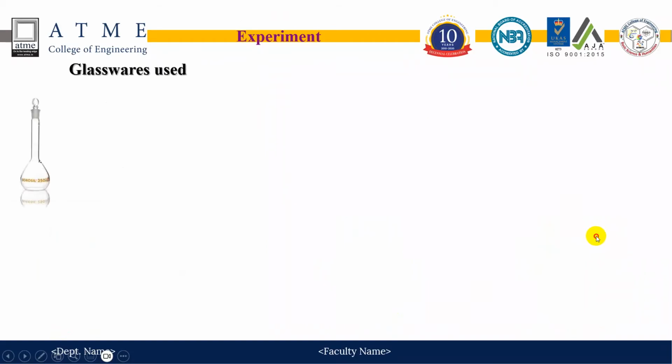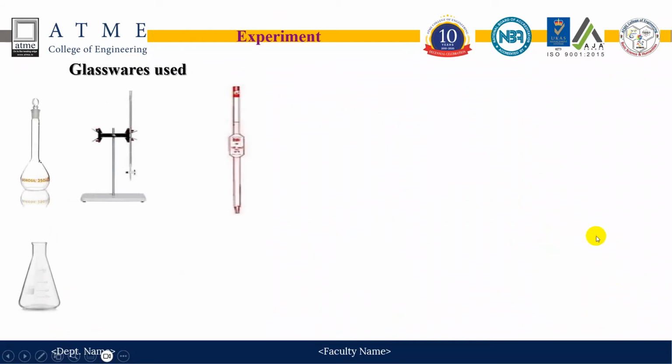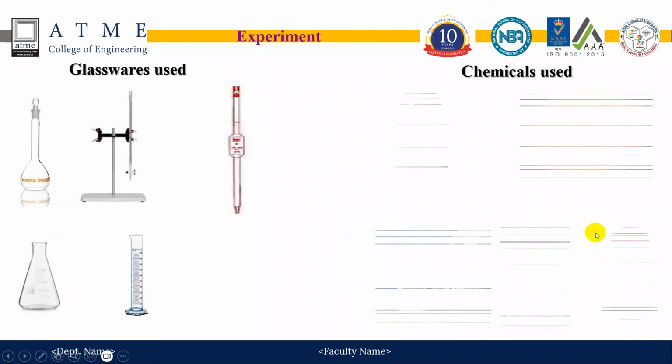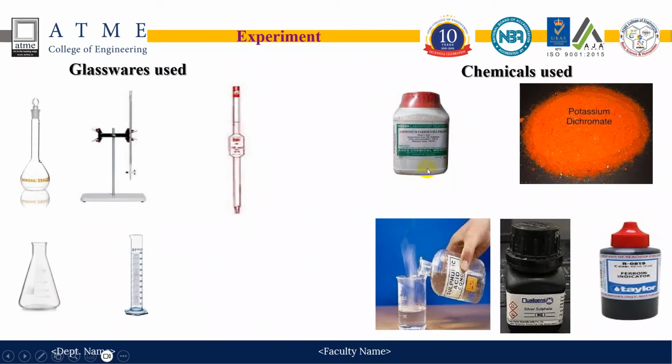So these are the glassware which are required for our titration: standard flask, conical flask, burette, a 25 ml pipette, and a graduated cylinder. Along with that, we need the chemicals like ferrous ammonium sulfate, potassium dichromate, sulfuric acid, silver sulfate, and ferroin indicator.